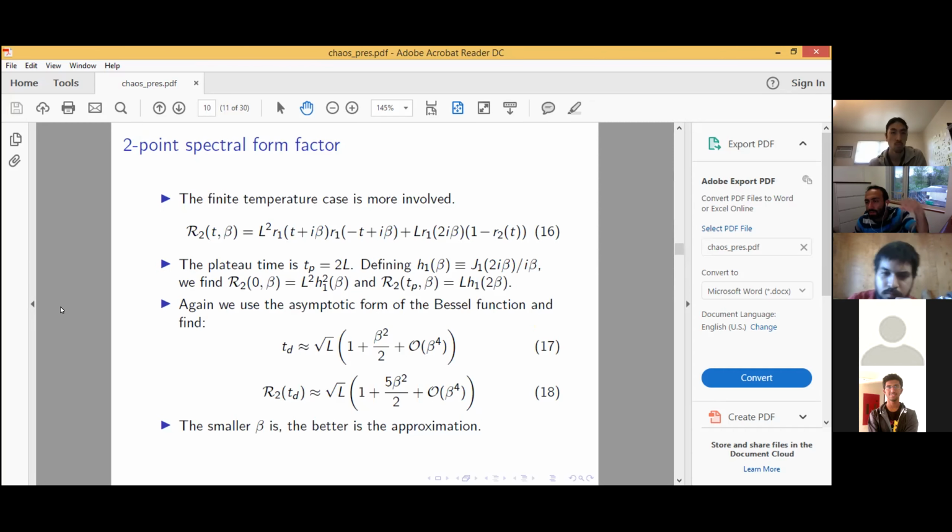Just one little comment. Here you have beta plus IT, right? So large time or small beta is all relative to the other parameter. You're comparing T and beta.